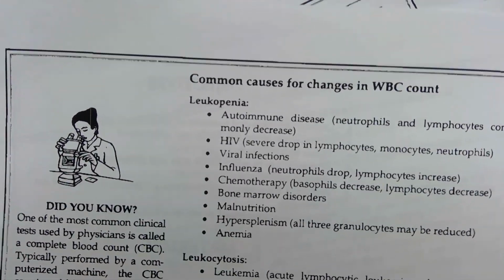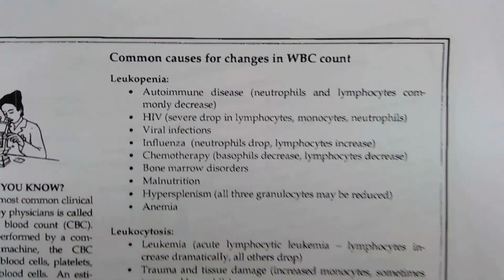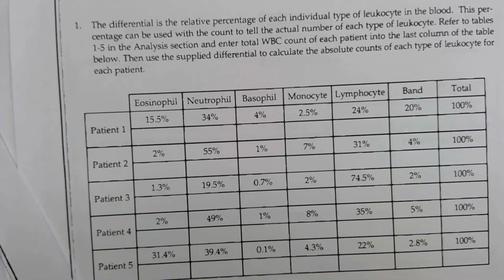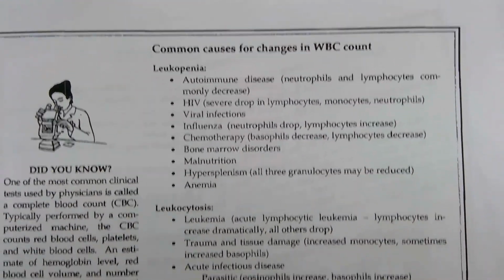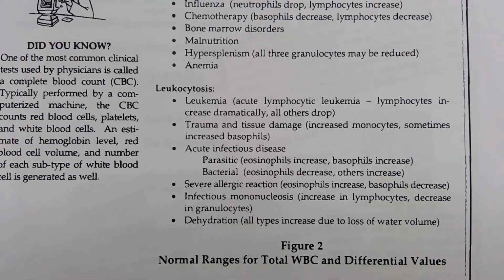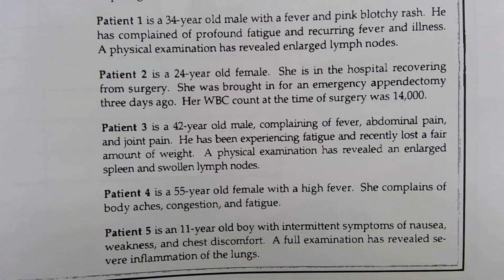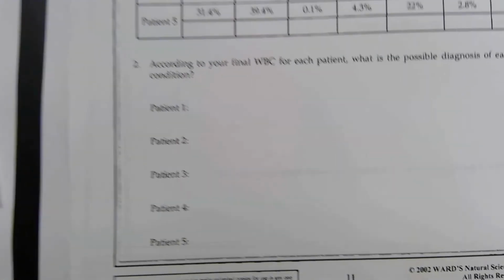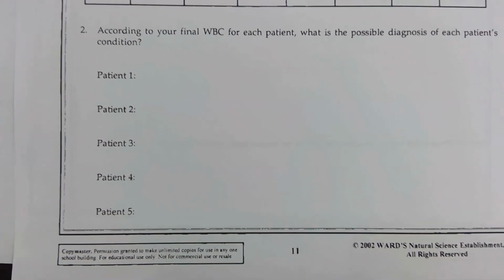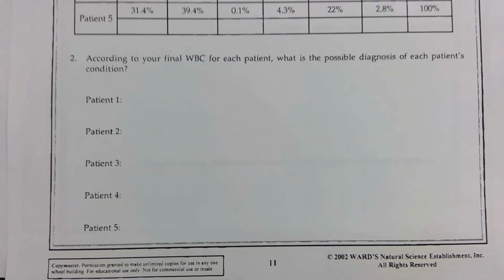Then you come up here and you compare what your patient had as abnormal to what's listed for each disease as abnormal. And remember to also take into account the patient's other signs and symptoms, and you diagnose your 5 patients. You come up with which condition you think they have.